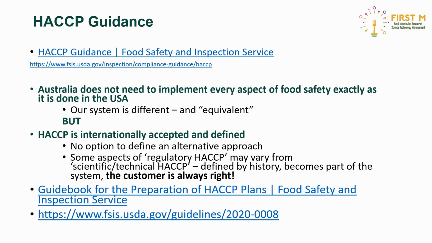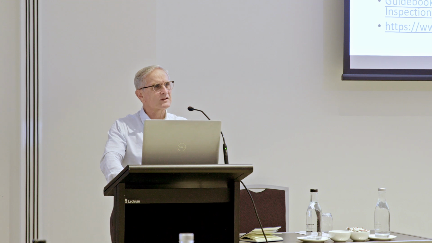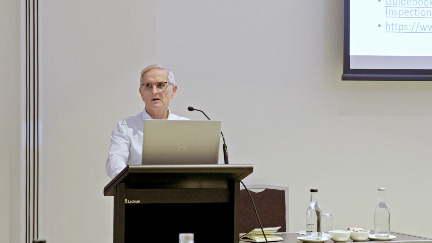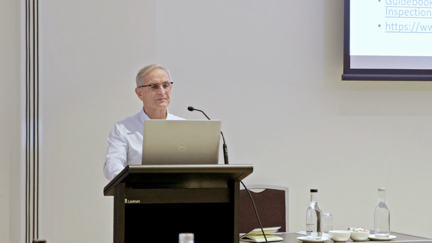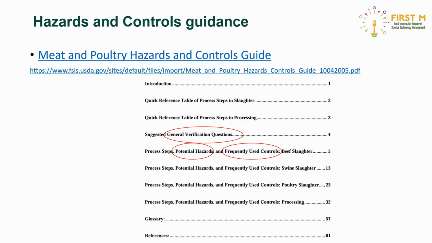There is also a guidebook for the preparation of HACCP plans. Many of these documents are designed for smaller plants, so they really do try to be helpful and give examples, but at the same time they're not trying to be prescriptive. There's this document called the Meat and Poultry Hazards and Control Guide.